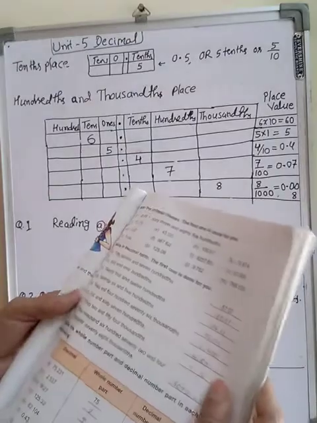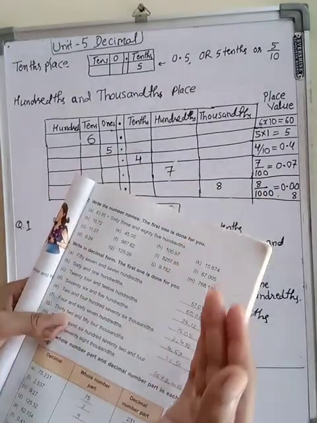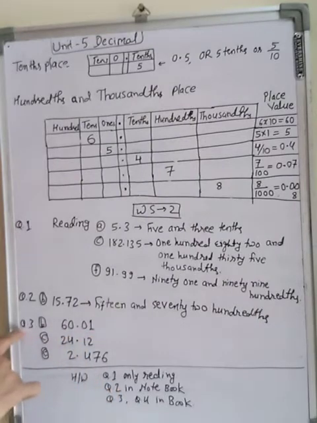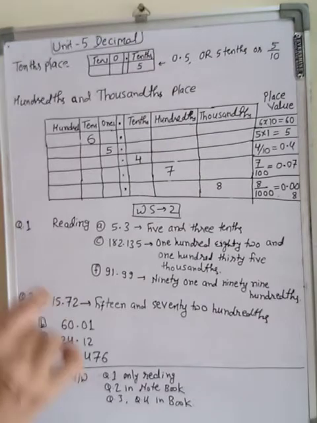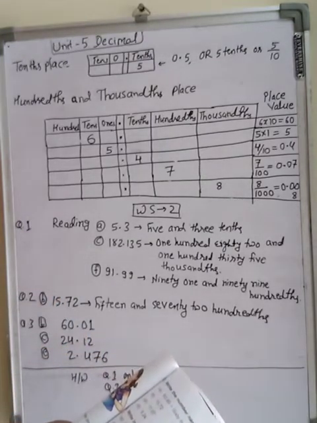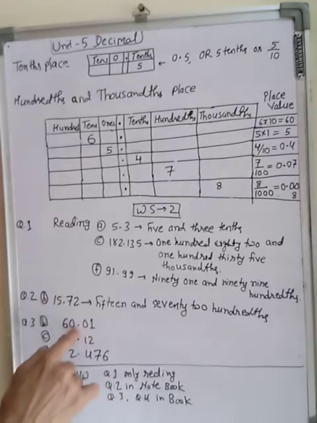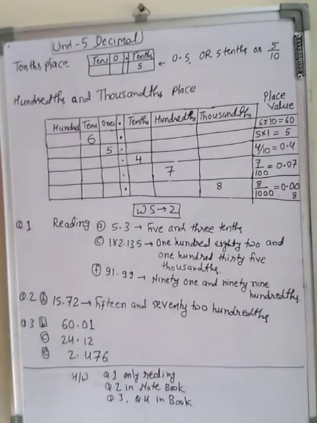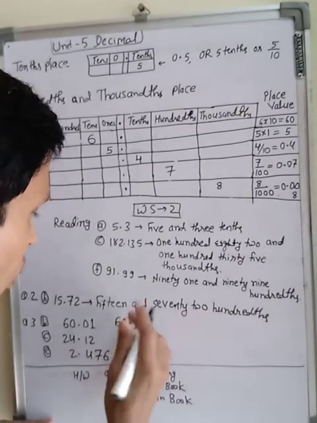Now question number 3, the same thing is given in words and we have to write in digits. I have done 3b here. Question B is 60 and 1 hundredths. So how will we write hundredths? 60.01. If we write 60.1, is it right or wrong?